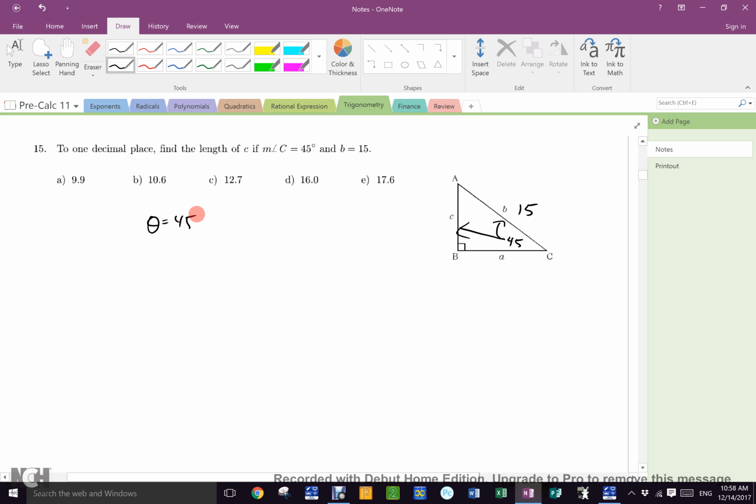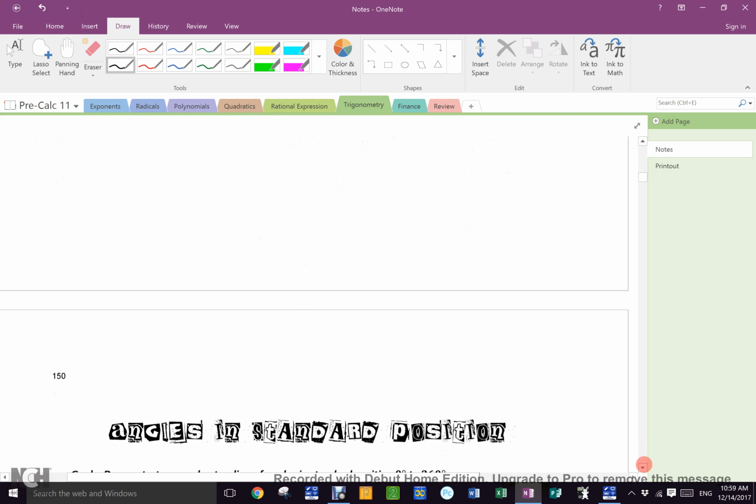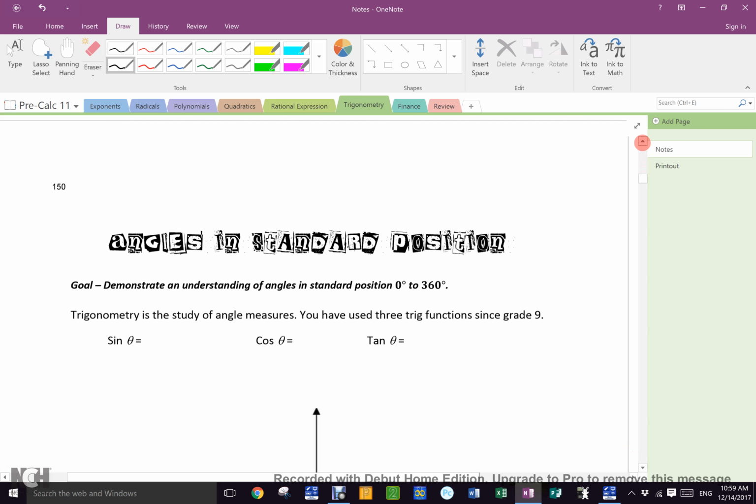Theta equals 45, opposite equals C, hypotenuse equals 15, sine 45 equals C over 15. 15 times sine 45, 10.6. Is that it? Is this thing done? Yeah.